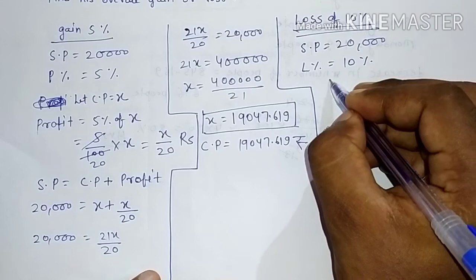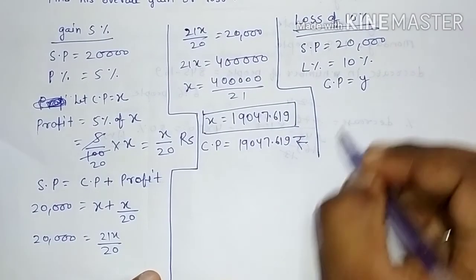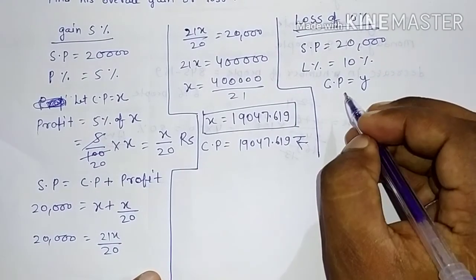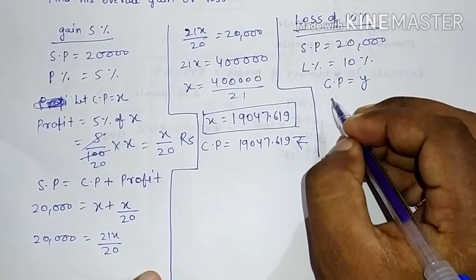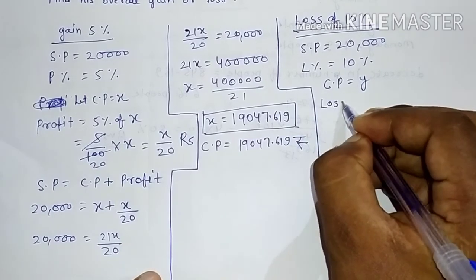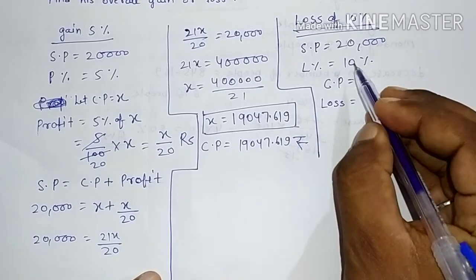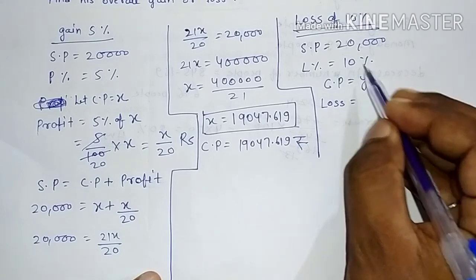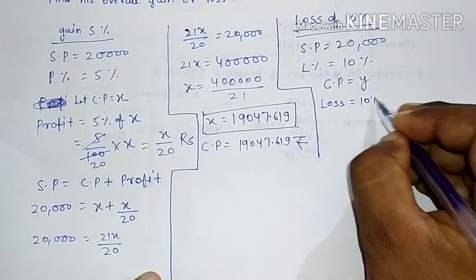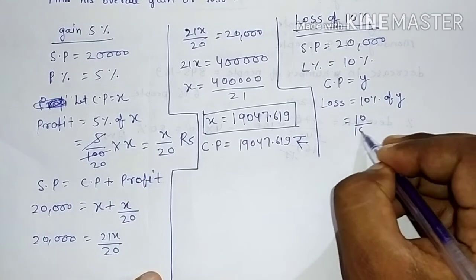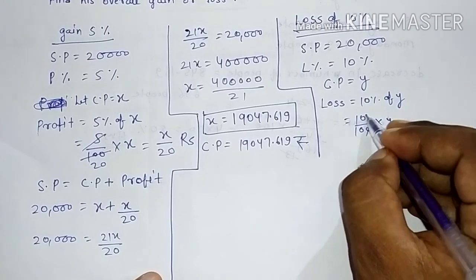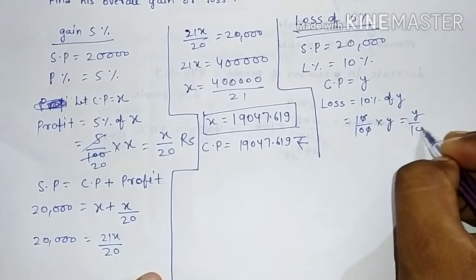So let's suppose CP equals Y. CP of a buffalo is Y rupees. So loss is equal to 10% of Y, 10% of CP. This equals 10 upon 100 into Y. So 0, 0 cancel out. So Y upon 10 rupees.